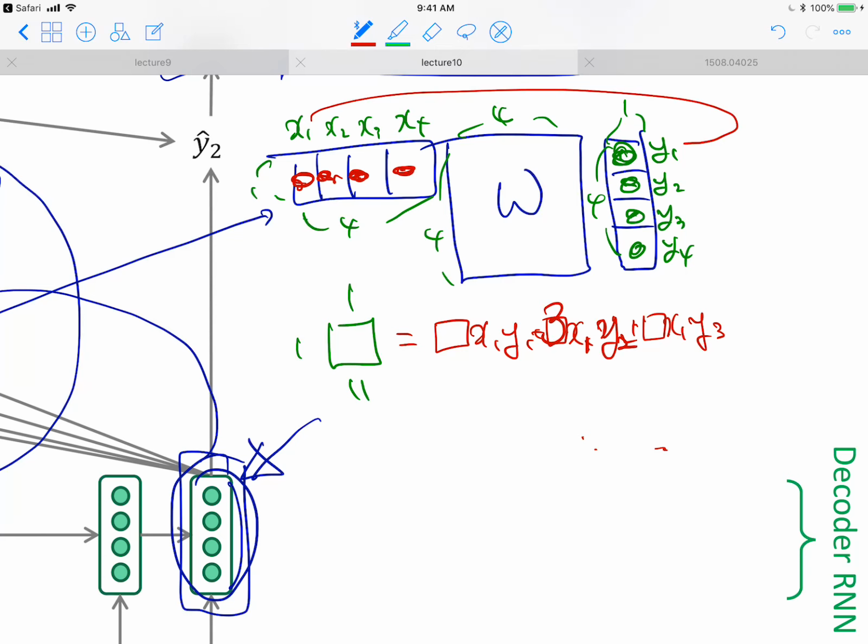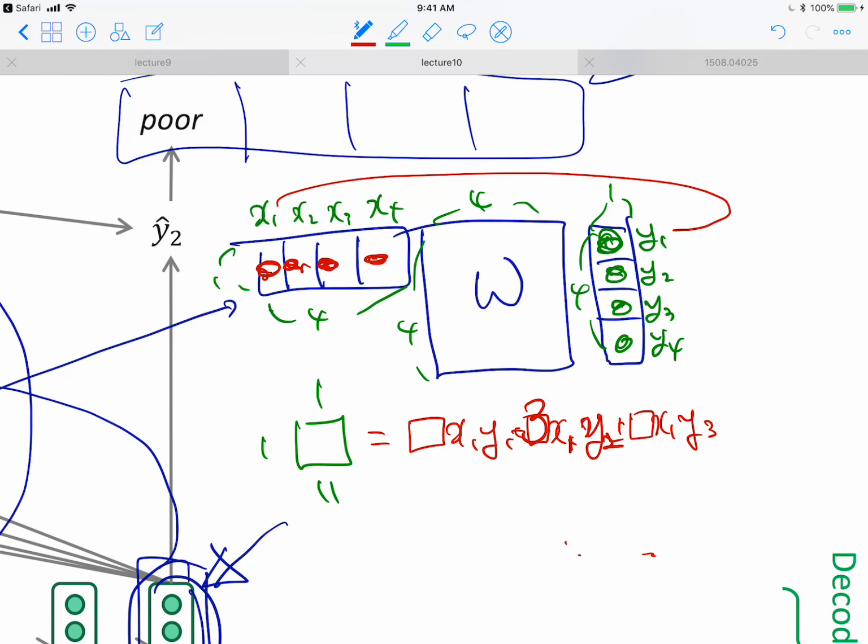Let's see, x1 and y2. Suppose this value 3 is over here, and that value is placed in position 1 comma 2. If you imagine the inner product between this row and this vector, suppose this is 3, 4, 5, 6, then it will be 3 times x1, 4 times x2, 5 times x3, 6 times x4, right?